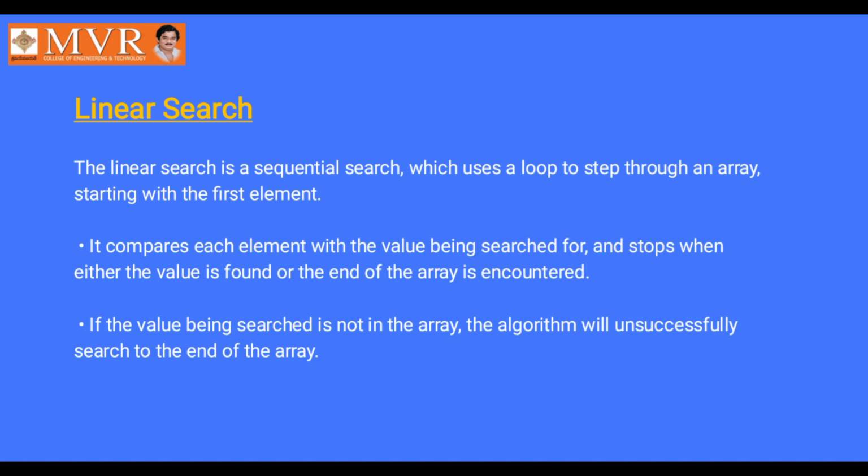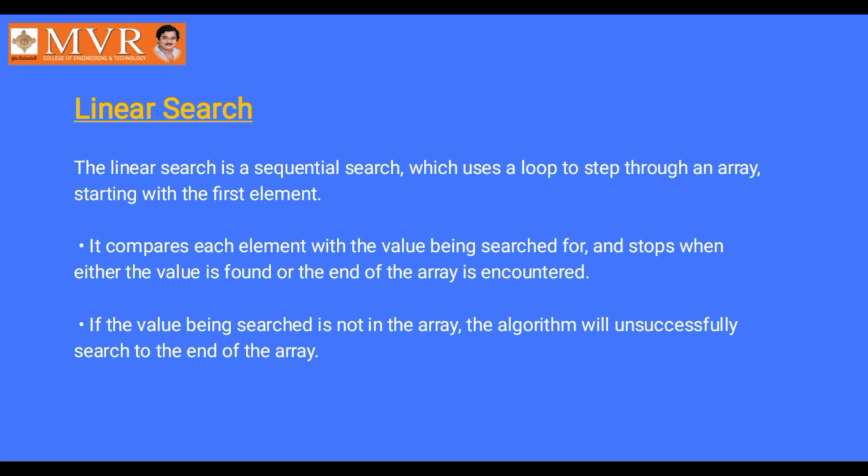First, I start from the beginning of the array, that is where the elements are stored. Then I compare my key element with the first element, then with the second, then with the third. If I find the element at the third position, then I stop my search and I say that my search is successful and I have found the element in the given array of elements.